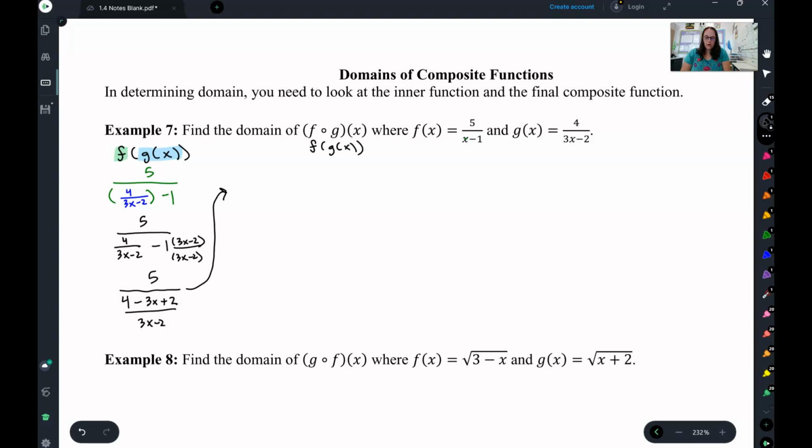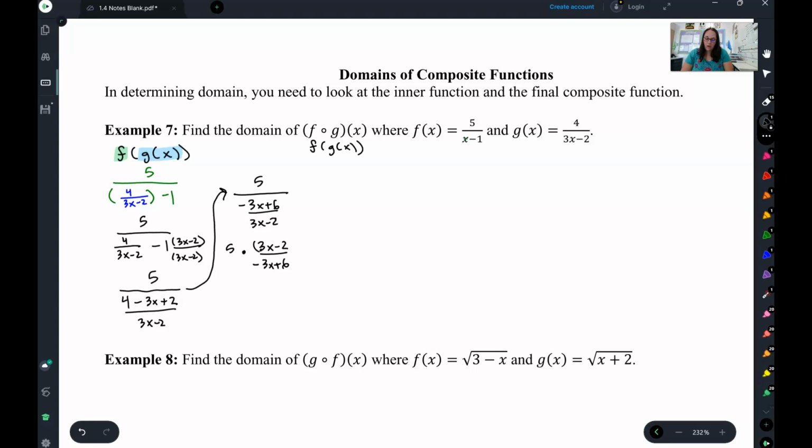Bring it up here. I'm going to simplify everything I can. So this is a negative 3x plus 6 over 3x minus 2. Now that it's all simplified, we can do keep, switch, flip. So keep the numerator, switch to multiplying, flip the denominator.